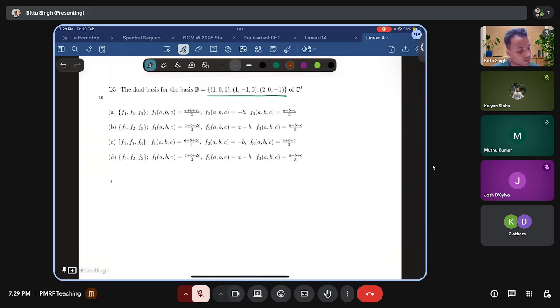So what is the meaning of dual space? Let V be a vector space.